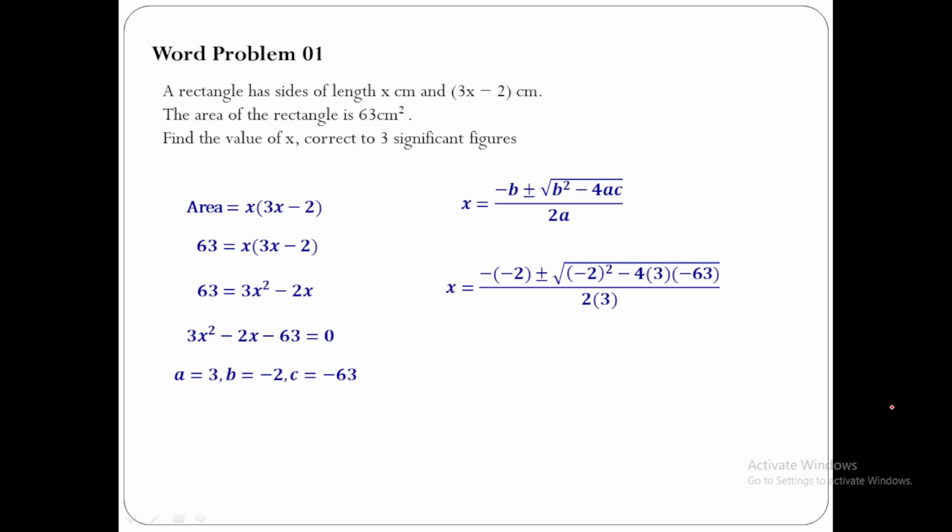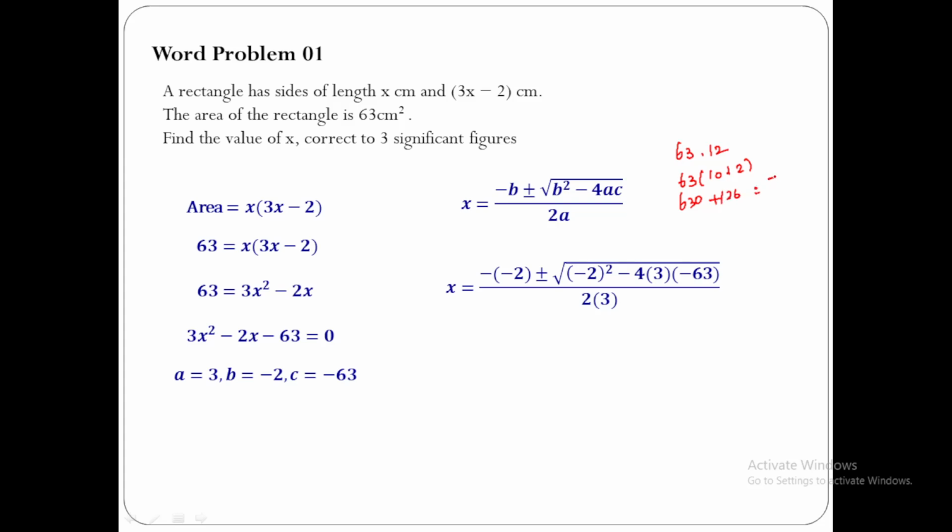How can we find 12 times 63 in a simple way? Shall we see? 12 times 63: 10 plus 2, so 630 plus 63 times 2, which is 126.